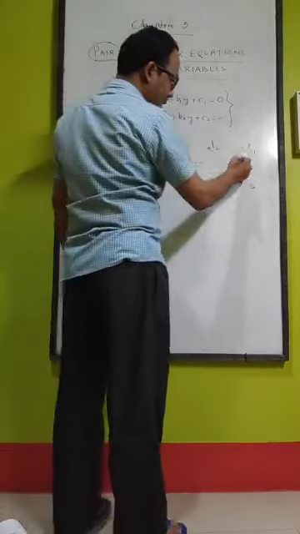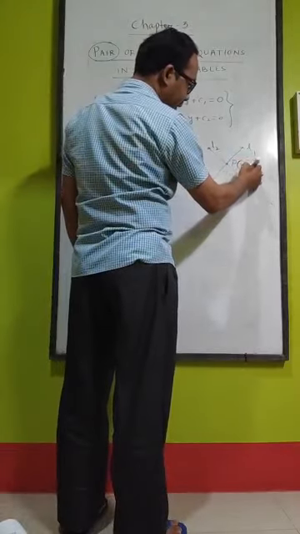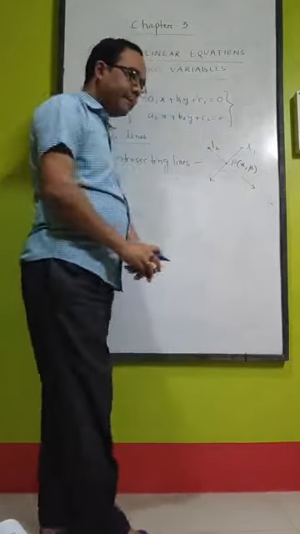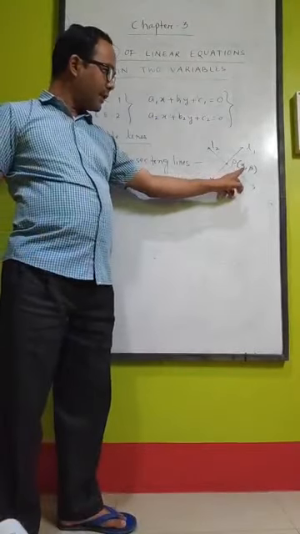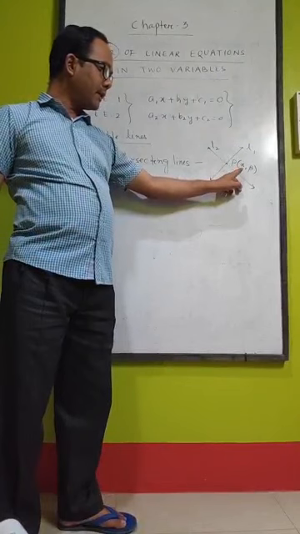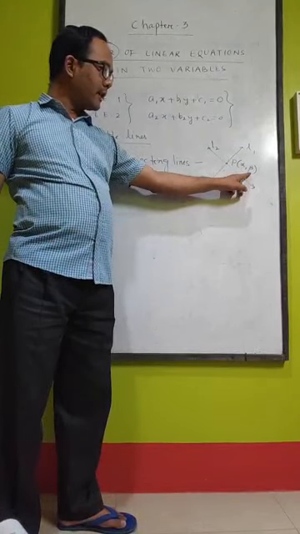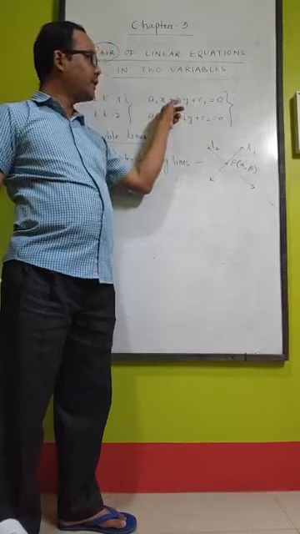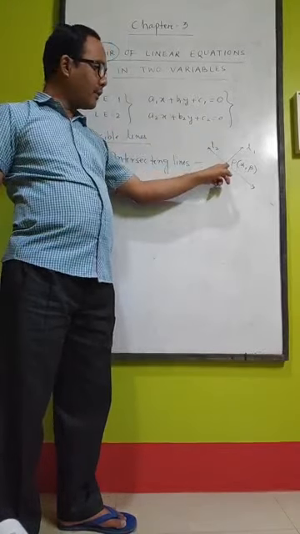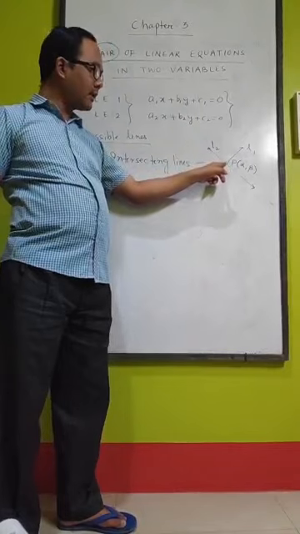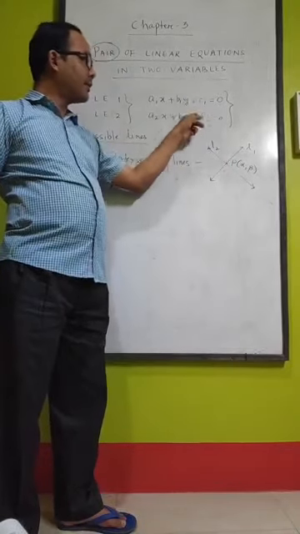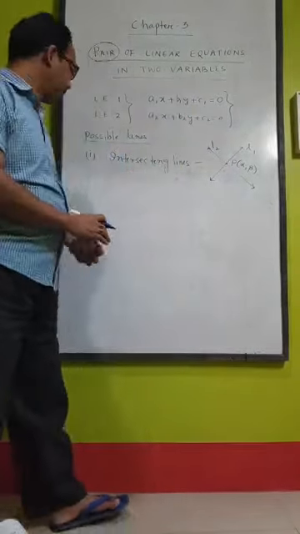If I consider the coordinates of this point as alpha and beta, it means that x equal to alpha, y equal to beta will satisfy both the equations. Therefore, this is the common solution. We call this the common solution of these two equations.